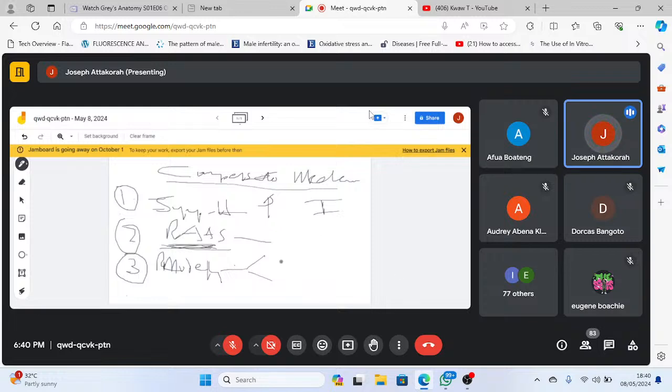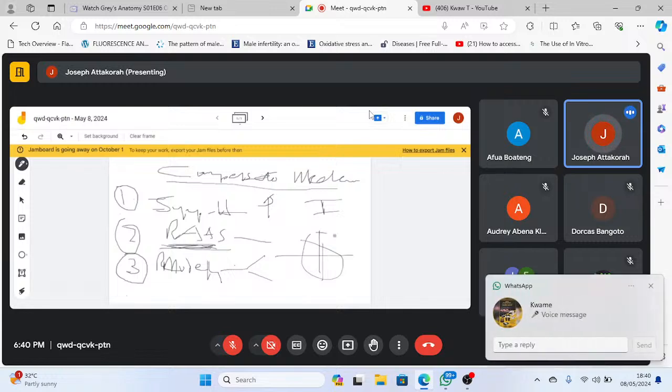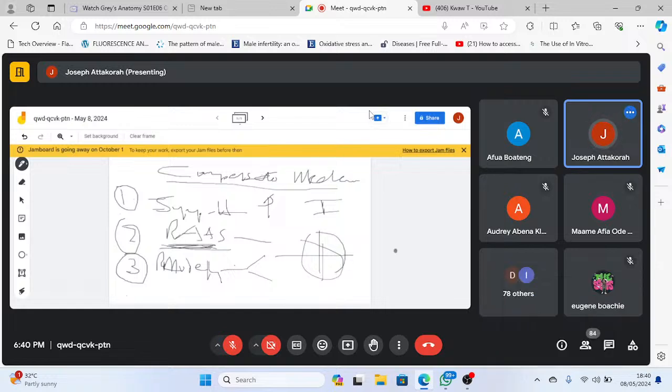The heart is pumping. I'll be doing ejection fraction before I do the other types of heart failure that we are mentioning, like heart failure of reduced ejection fraction. This has to pump blood to the general circulation.